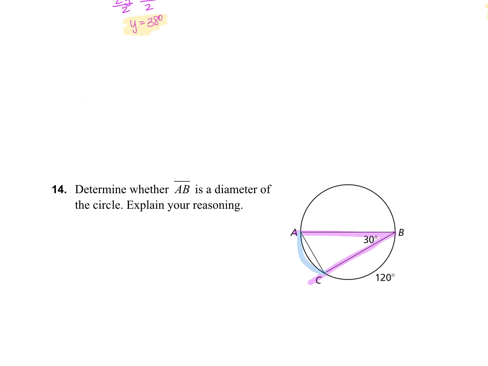It's not 30. It'll be 60. 30 times 2 would give me 60. Because this is 60 degrees, I can check it by saying 120 plus 60, what does that equal? 180. So is AB a diameter? Yes. Okay, explain. Showing your work is fine to me.